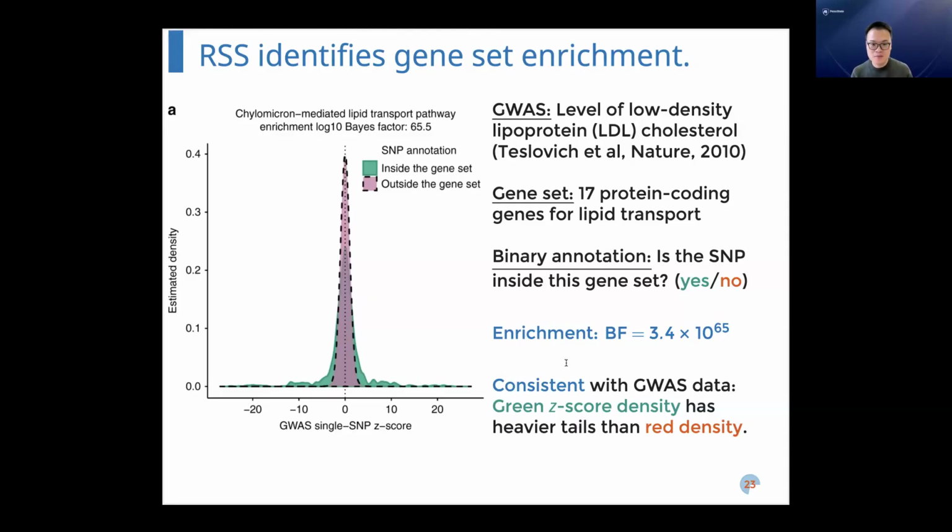Basically, is the SNP falling inside the gene set of the 17 genes, yes or no? And then after I input the data into my software, I produce a Bayes factor for enrichment of this gene set as 10 to the power of 65. So that is substantial evidence supporting the enrichment model for this particular example, which makes sense because the gene set I'm choosing here are all responsible for lipid transport, and the phenotype I'm looking at here is also a lipid phenotype.